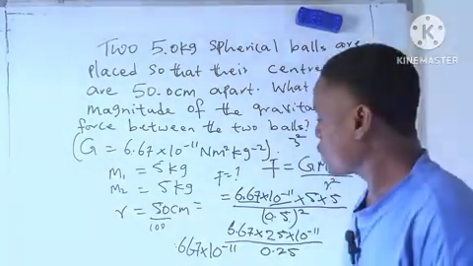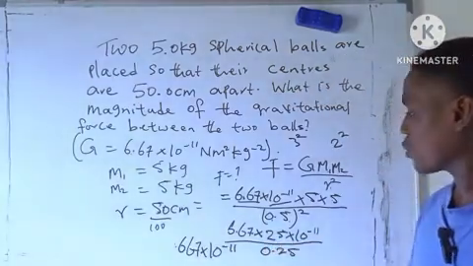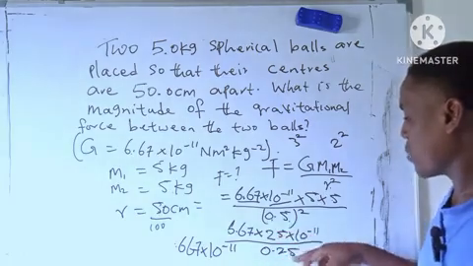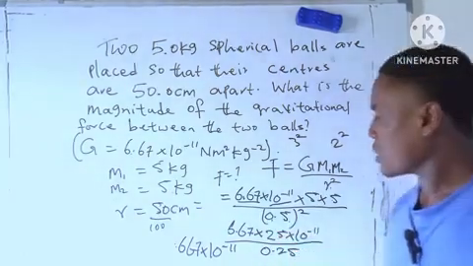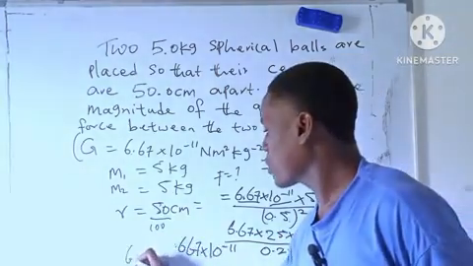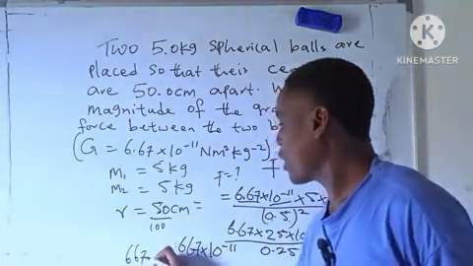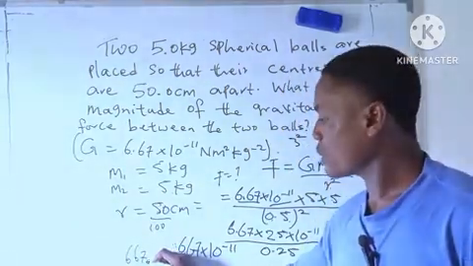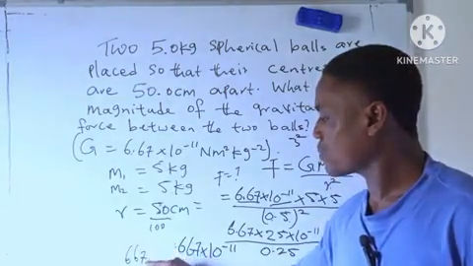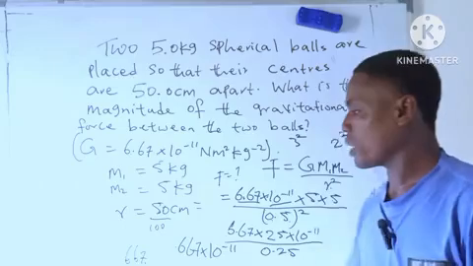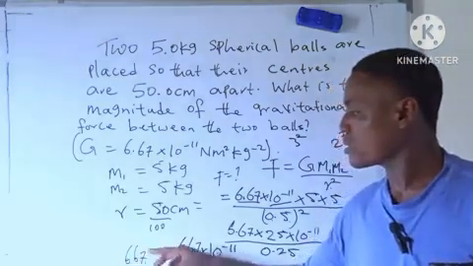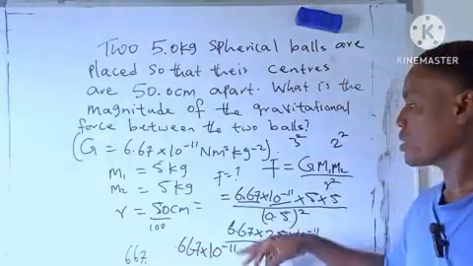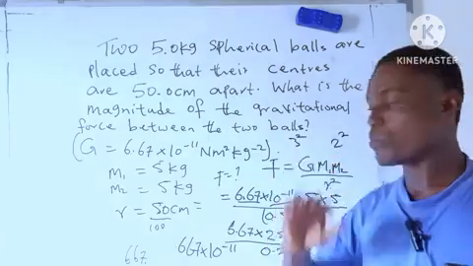You know that after pressing 6.67 times 25 divided by 0.25 on our calculator, we get 667, and after these three digits there is a decimal point after the last number. So this is how to convert to decimal point.